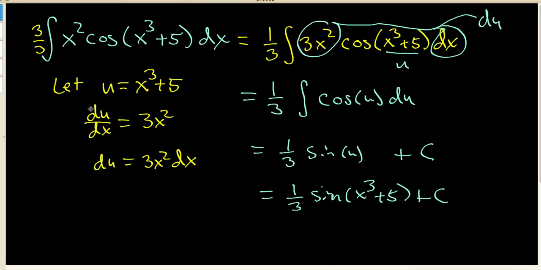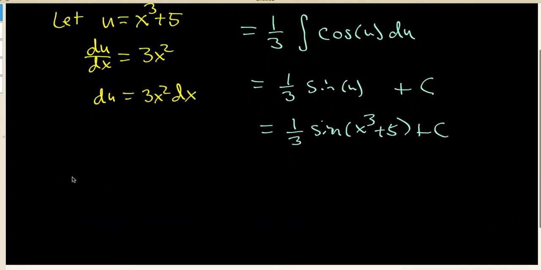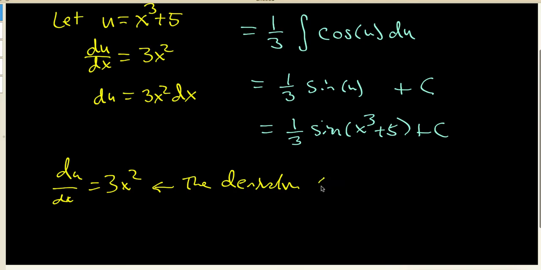Now, the final thing that I do want to say is a little bit about this notation. When we write du/dx is equal to 3x squared, we are saying that the derivative of u is the function 3x squared.